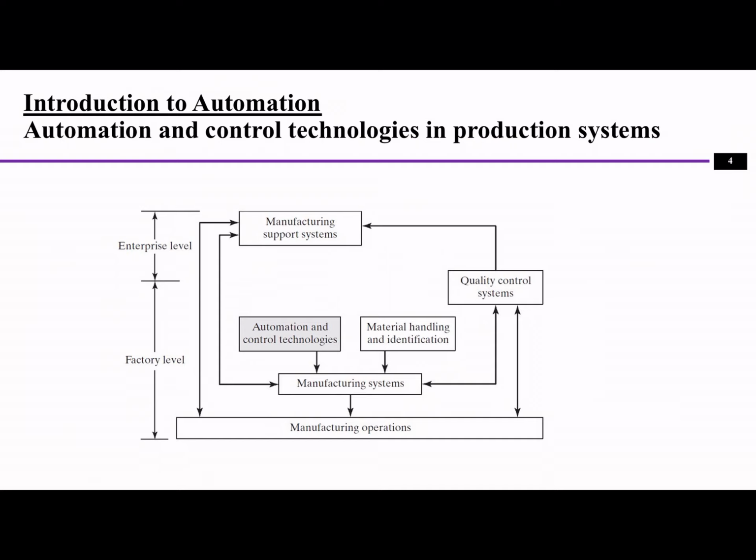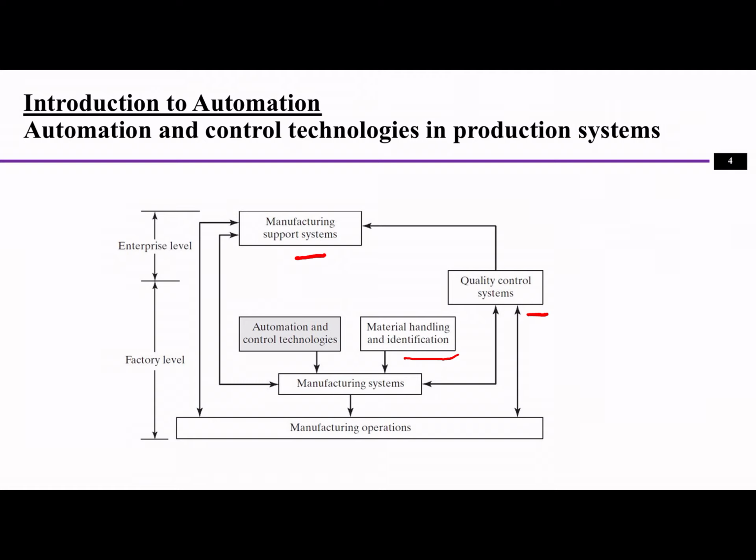All right, so from this graph, you can tell how automation plays a part in the manufacturing system. In the whole manufacturing system, there are many different functions. It has quality control, materials handling, identification, and also some other supporting systems like finance, marketing, administration, R&D, those kinds of things.